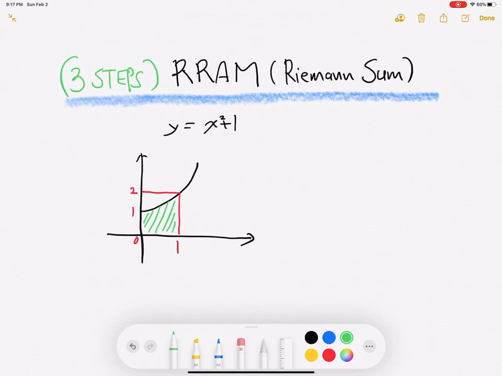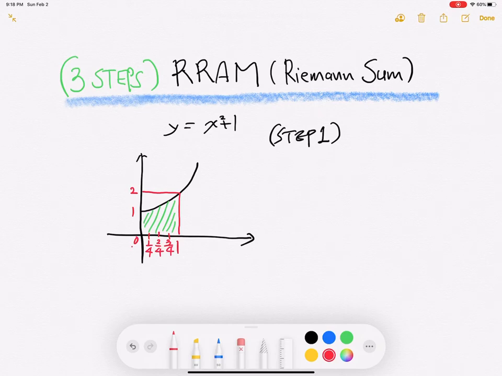I use 4 rectangles first. Okay, step 1, 4 rectangles. I'll divide the interval from 0 to 1 into 4 equal subintervals. So halfway is 2/4, and then 1/4 and 3/4.